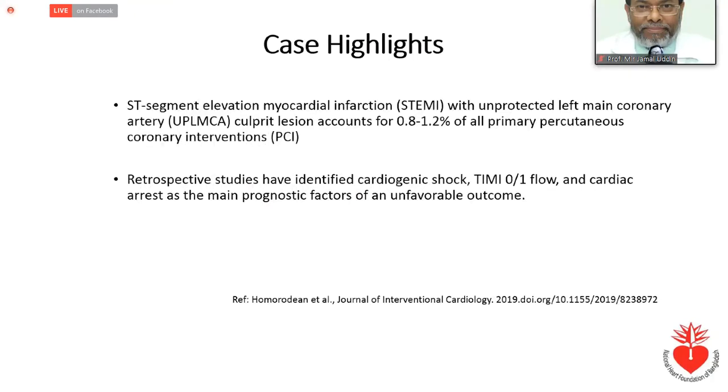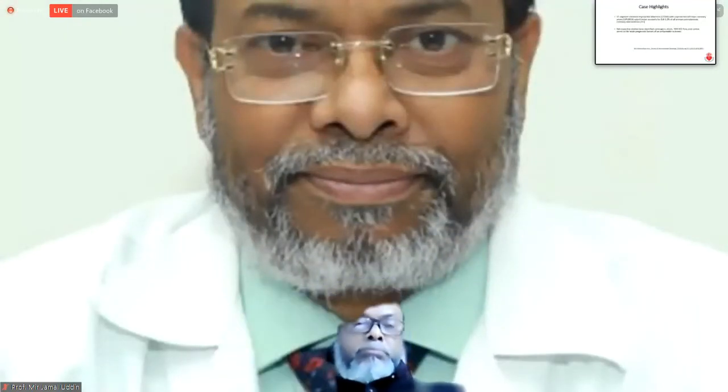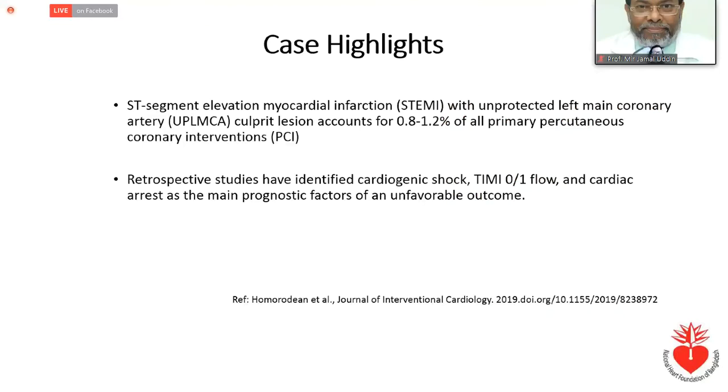ST segment elevation myocardial infarction with unprotected left main culprit lesions accounts for around 0.8 to 1.2% of all primary PCI interventions. Retrospective studies have identified cardiogenic shock, TIMI 0 to 1 flow, and cardiac arrest as the main prognostic factors for an unfavorable outcome.